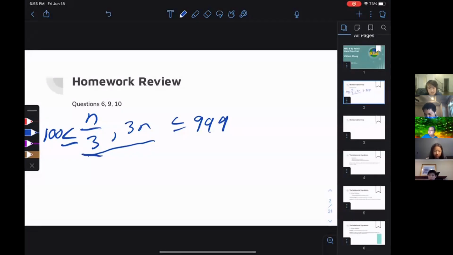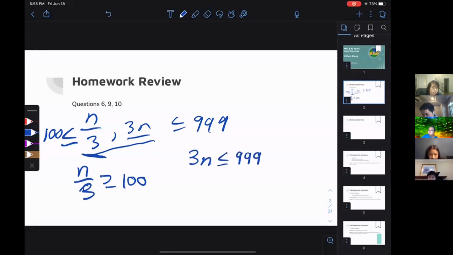So we don't need to check that 3n is greater than or equal to 100, because if n over 3 is greater than or equal to 100, then 3n will be, of course, as well. And similarly for the upper bound, we just need to check if 3n is less than or equal to 999, because if 3n is less than or equal to 999, then n over 3 will be, of course. And if you solve this, you get n is greater than or equal to 300, and then this one gives n less than or equal to 333.